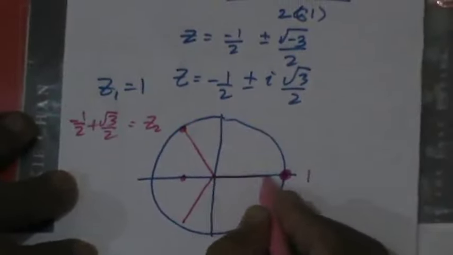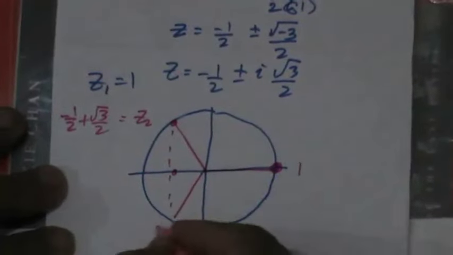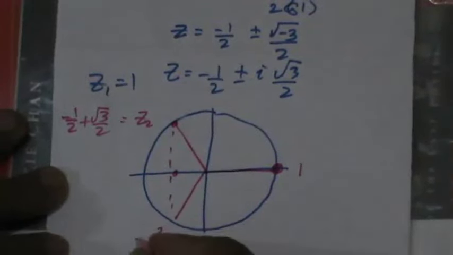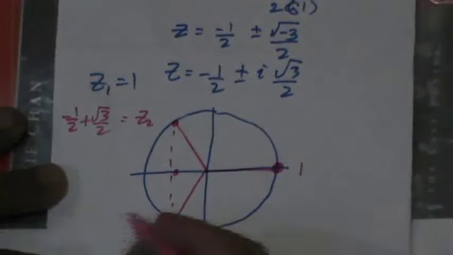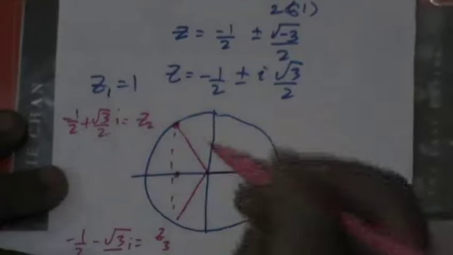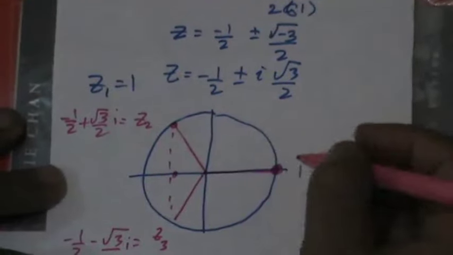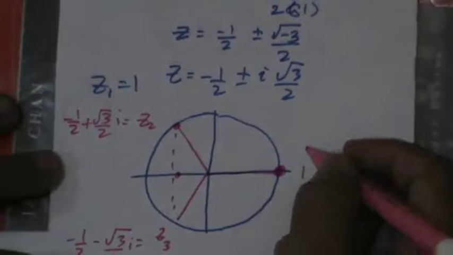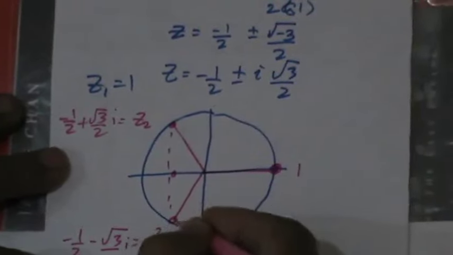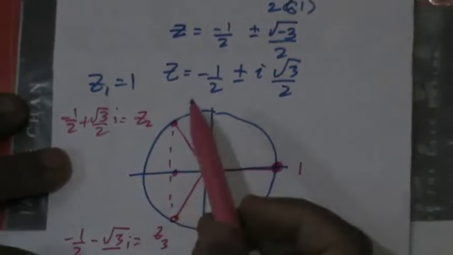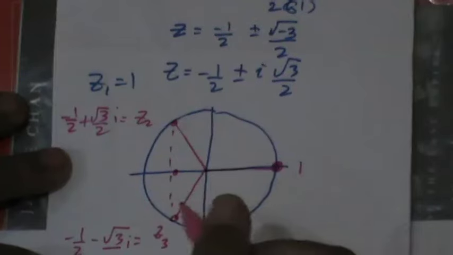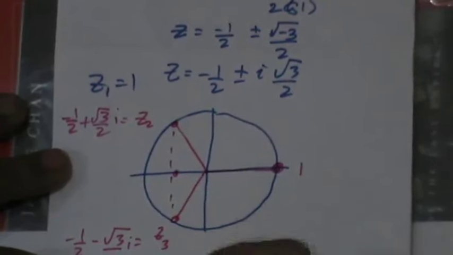So if this is negative 1/2, the other one, that is your z3, is negative 1/2 minus the square root of 3 over 2 i. By the way, I forgot to put the i there. So these are the three roots of the cube roots of unity, or z cubed is equal to 1.